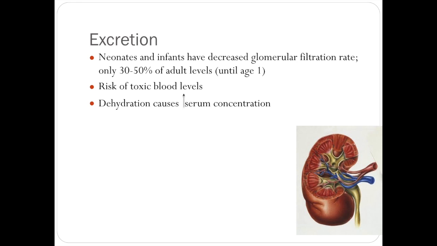So if they can't excrete the drugs, then there's a higher risk of toxic blood levels accumulating. The same can be true if a child is dehydrated. In addition to having a decrease in the GFR and not being able to excrete, you couple that with the decrease in circulating fluid volume, and that's also going to increase the toxic blood levels.